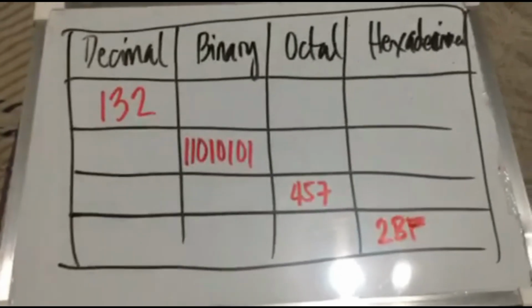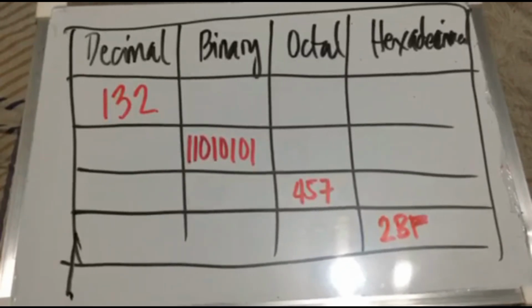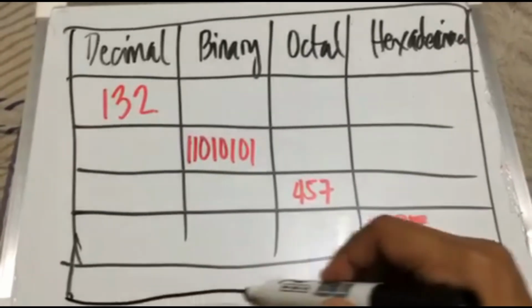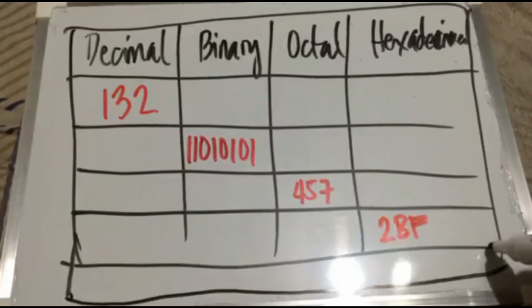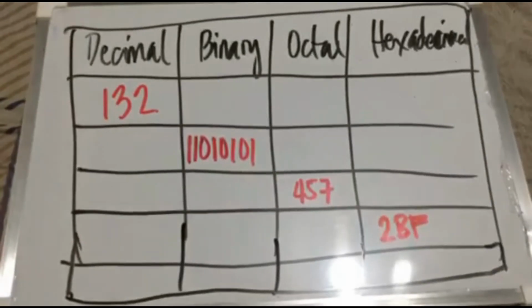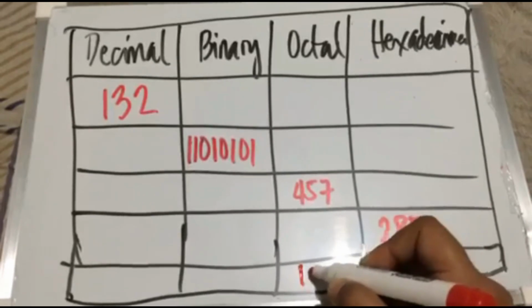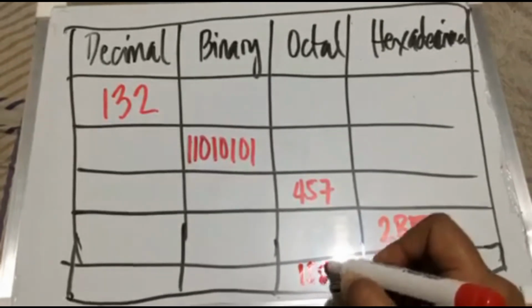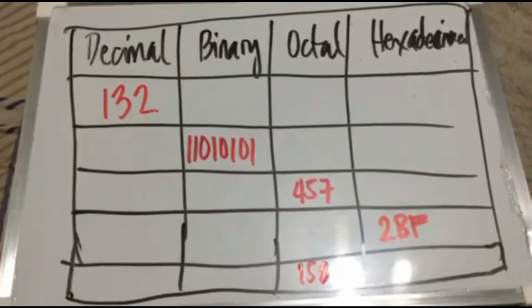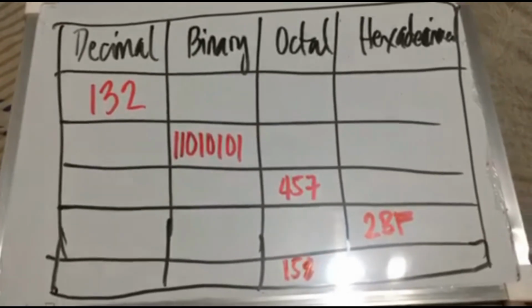Okay, I need to put another line, another box, another row. Dito tayo sa octal. 1 5 8. Okay, so comment down your answers.